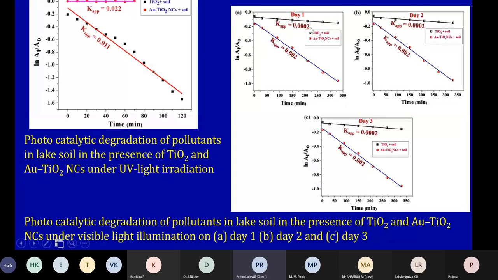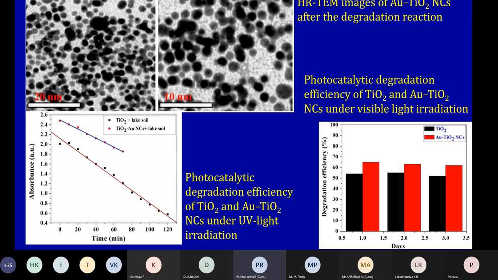We also find the stability of our compound. We first measured on day 1, then day 2 and day 3, and the rate of decomposition was the same. So it confirms that the Au-TiO2 compound which we synthesized was very stable. After the degradation we again take the HRTEM image of the Au-TiO2 compound which we synthesized.